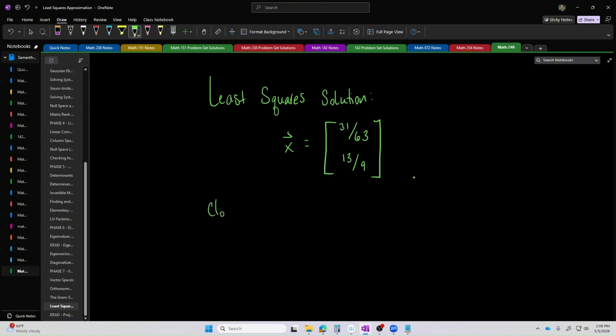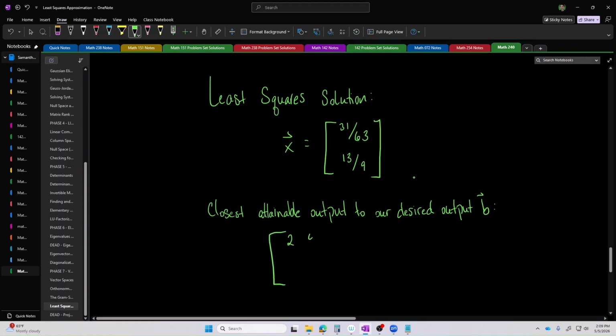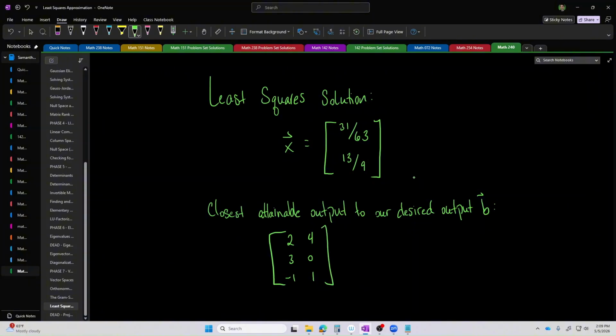So the closest attainable output to our desired output B is equal to A times the least squares solution, the matrix A times this vector 31 over 63, 13 over 9.